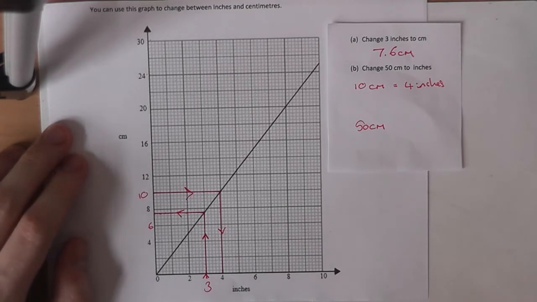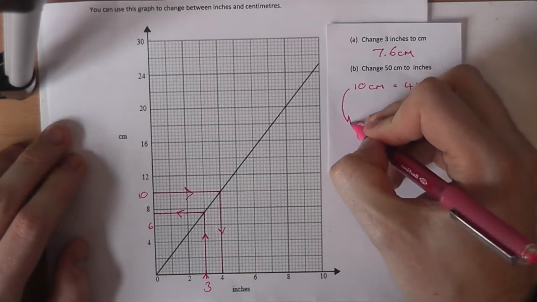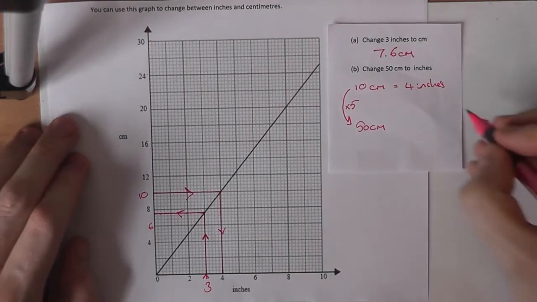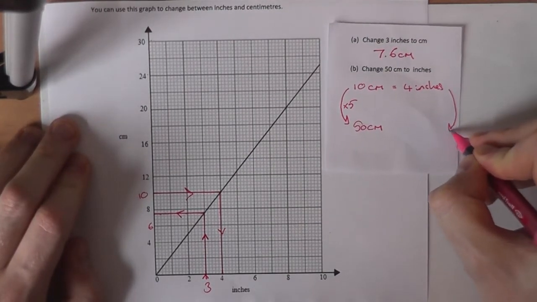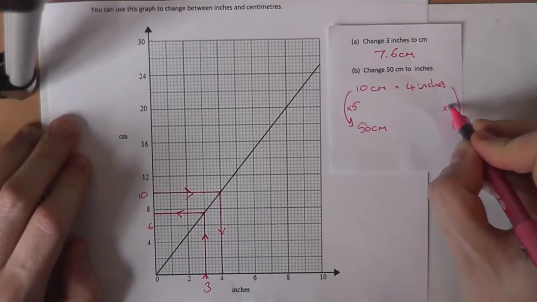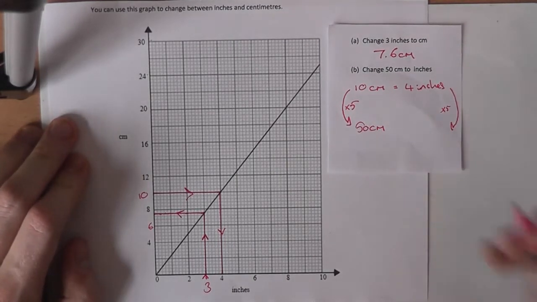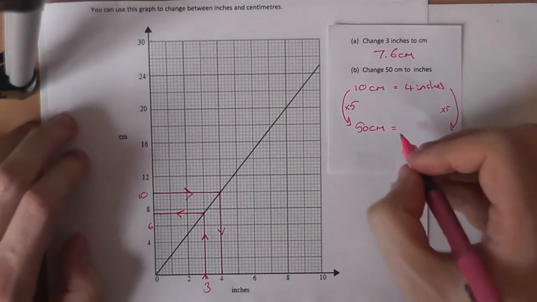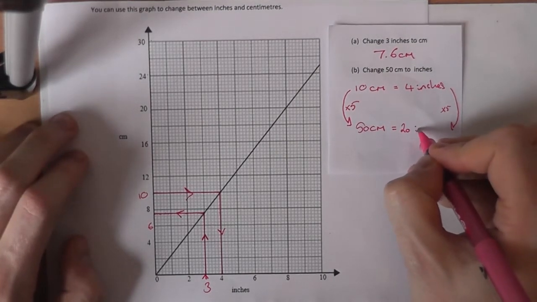Well, if 10 centimetres is 4 inches, we could have 5 lots of that 10 centimetres, which means we'd have 5 lots of the 4 inches. So we'd have 4, 8, 12, 16, 20 inches.